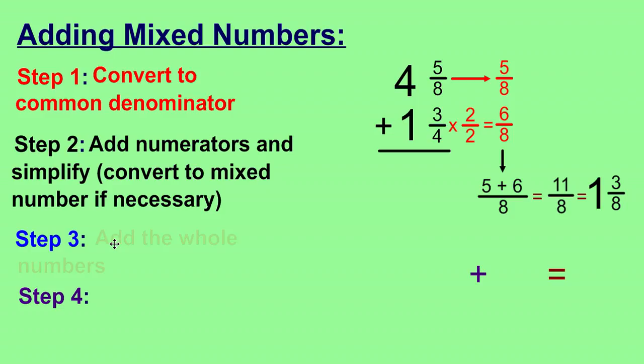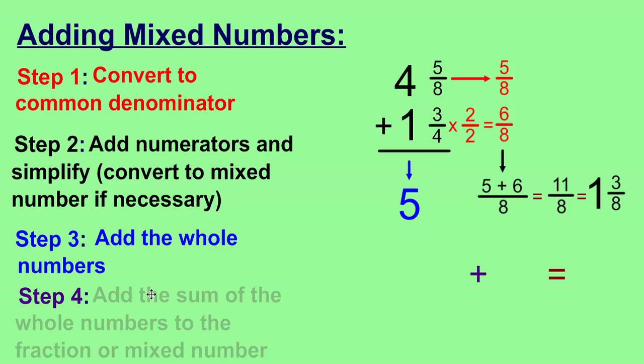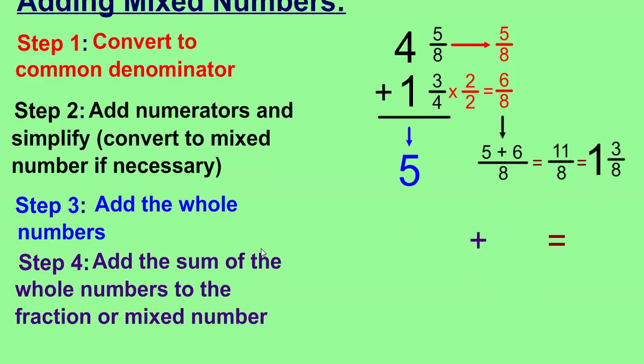The third step, we simply add the whole numbers. So we kind of look at this as 2 easier problems. A simple problem of adding whole numbers, and a simple problem of adding 2 fractions with unlike denominators. Step number 4. Add the sum of the whole numbers to the fraction or mixed number that we got.